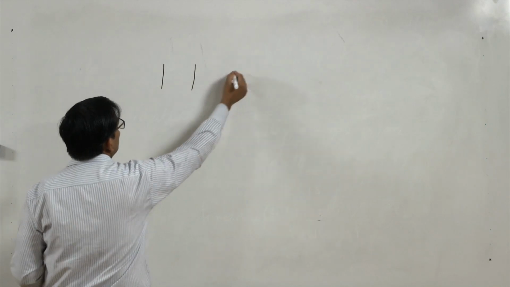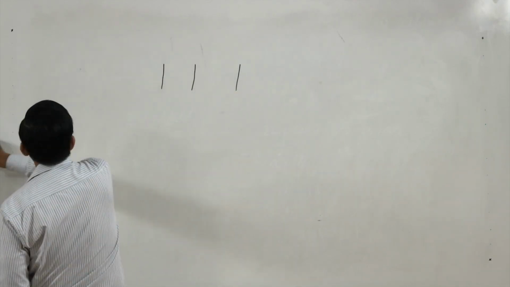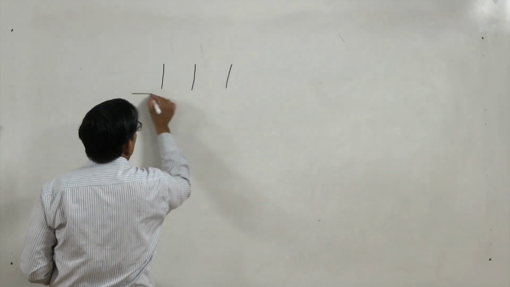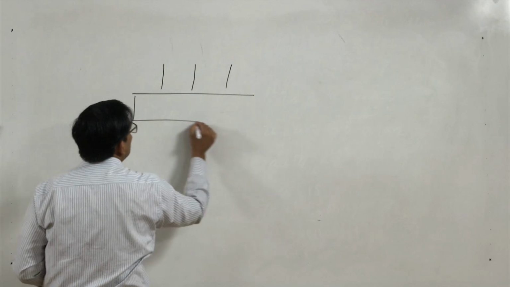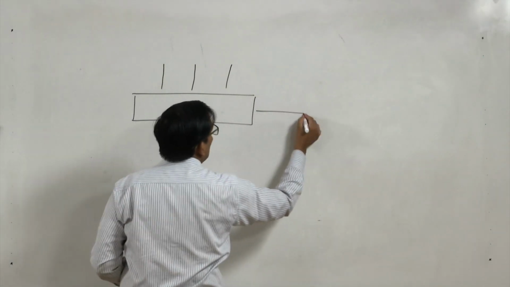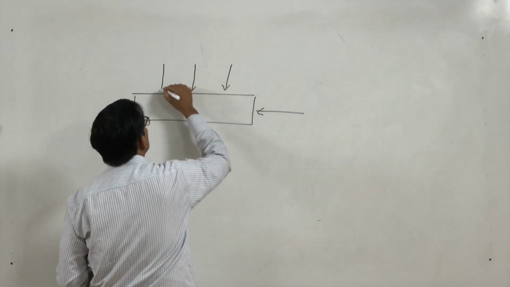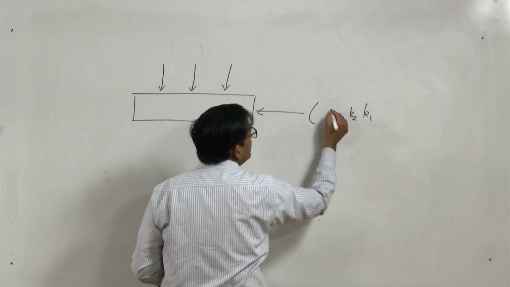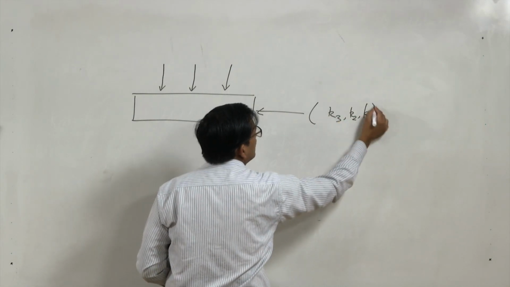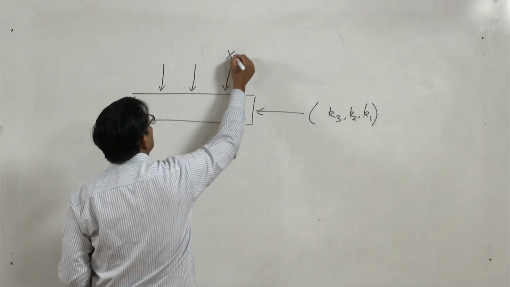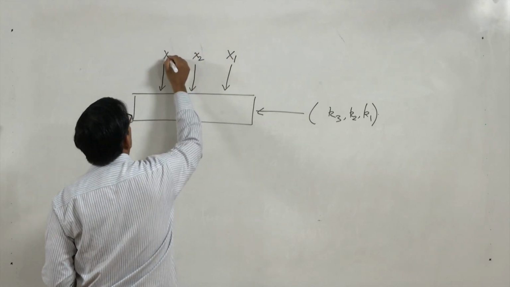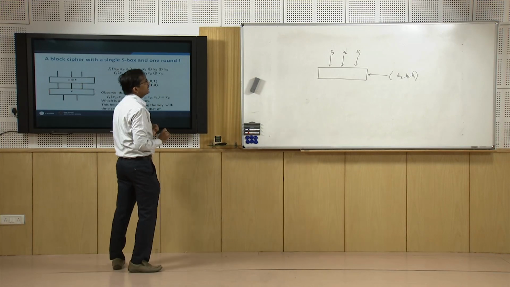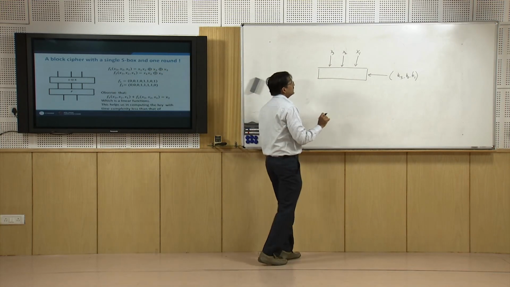I have got 3-bit input and I have got the key mixing layer. I have got 3-bit keys, so this is K1, K2 and K3, and inputs are X1, X2 and X3. That is what is happening here, and I am doing the key mixing by bitwise XOR.